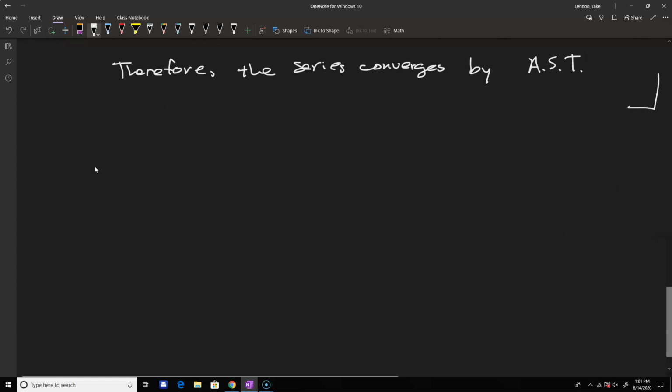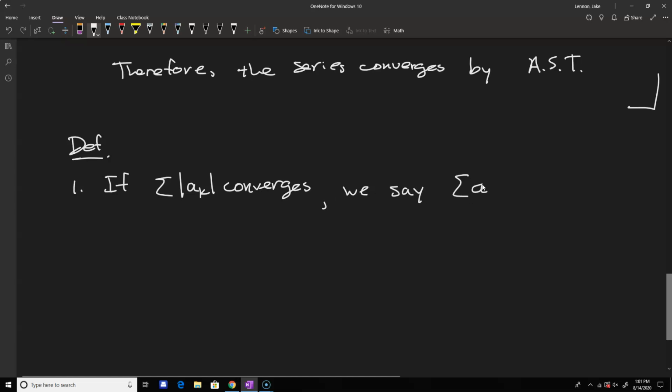So we'll say definition. If you look at a series and all the positive terms converge, we say that the series of a sub k's converges absolutely.